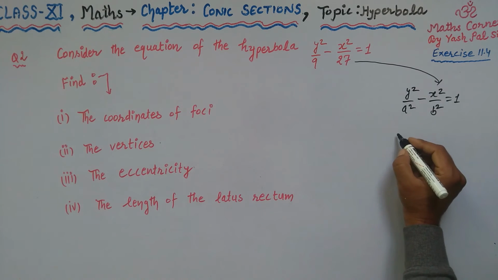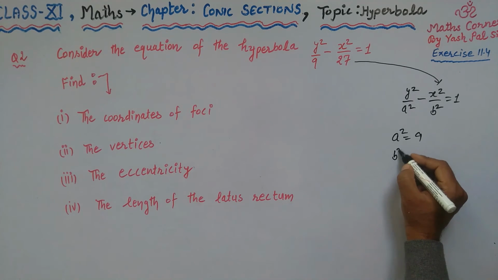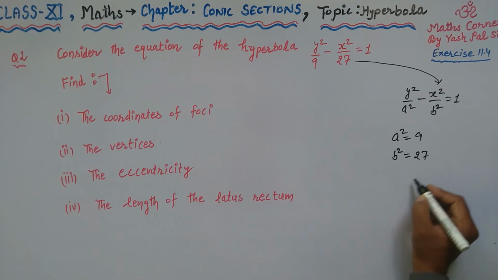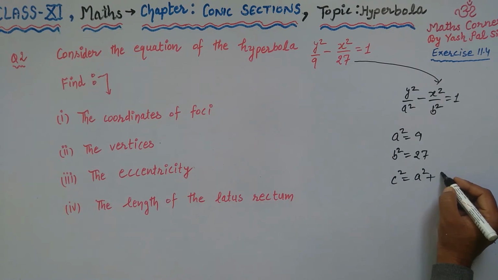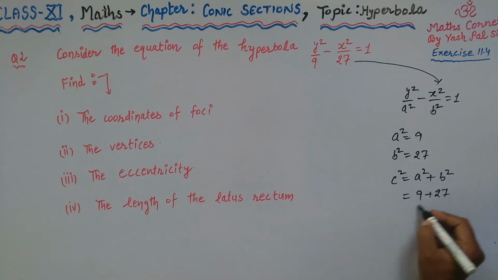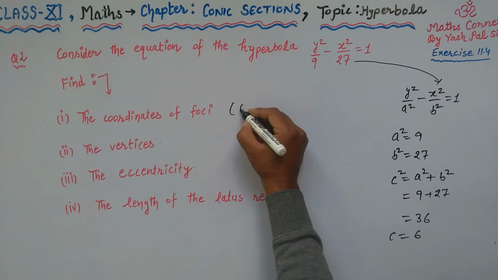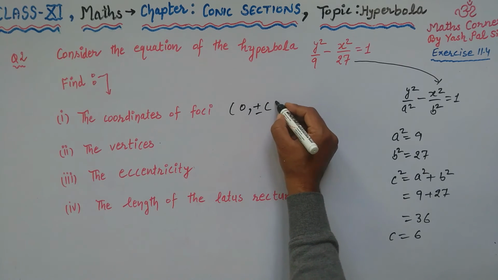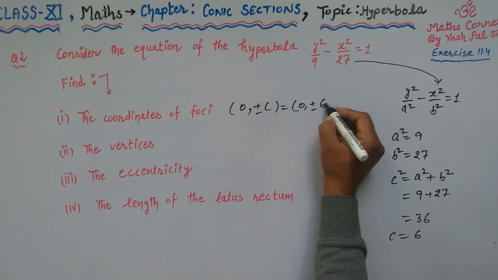So from here we get the value of a square is 9 and the value of b square is 27. So we can say c square is equal to a square plus b square, that is 9 plus 27, that is equal to 36. So we have c is equal to 6. So what we are going to say about foci? 0 comma plus minus c, which is equal to 0 comma plus minus 6.